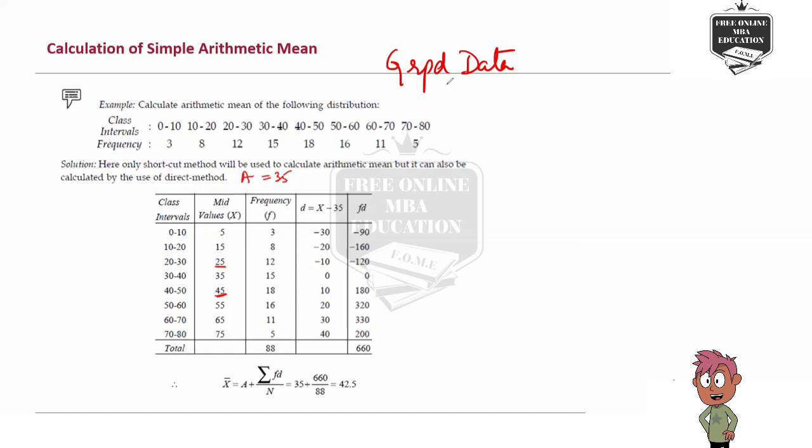For example, if I quickly take here d is equal to x minus 45. So as you could see, x minus 45 would be minus 40, minus 30, minus 20, minus 10, 0.